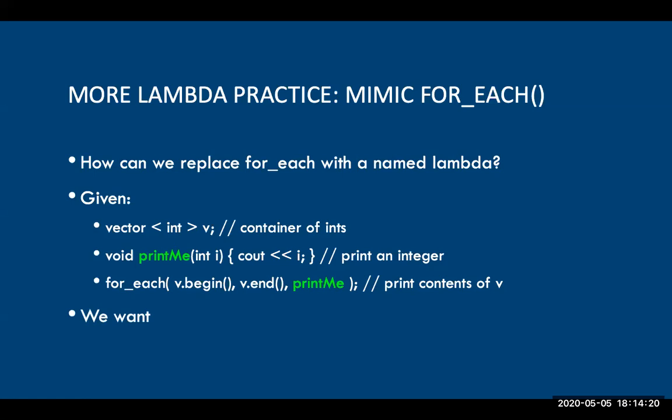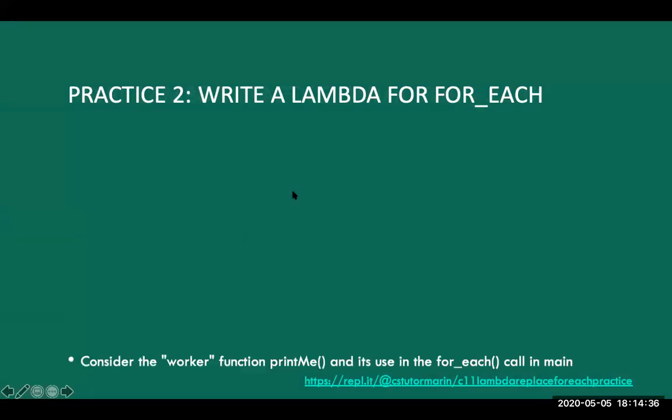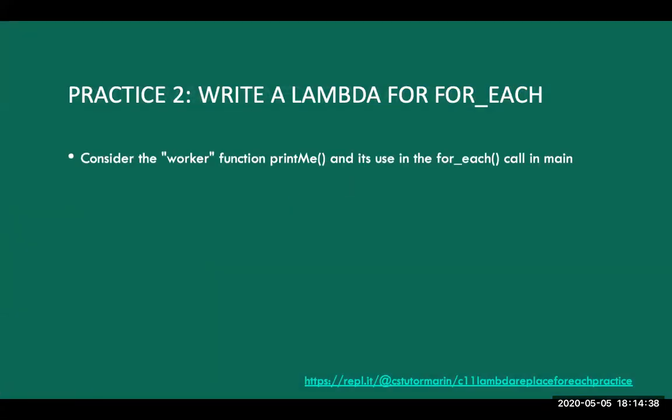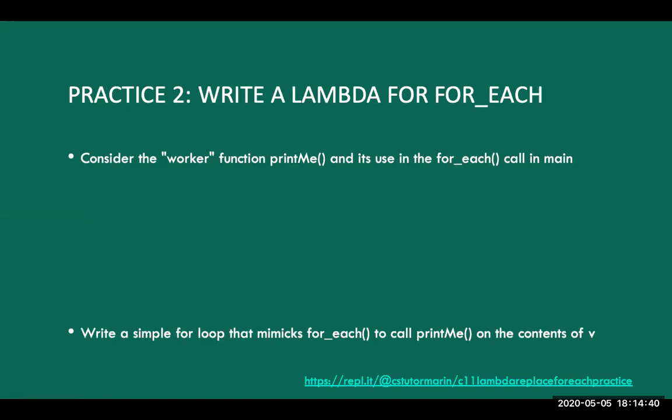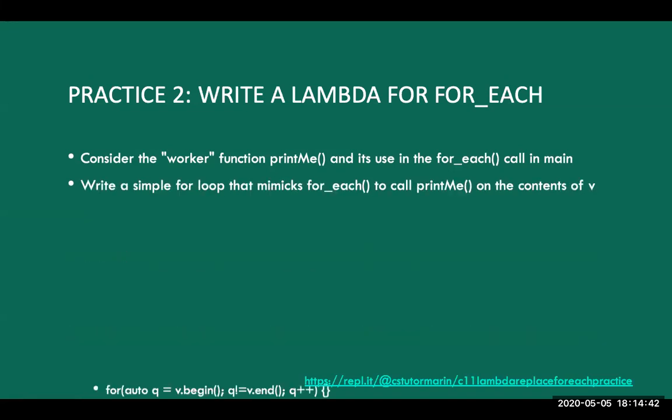So we want to be able to say my_for_each, which is really the name of a lambda, pass in the v, and then call some pre-written print_me, that traditional print_me function. This is just meant to give you a little head scratcher. So give that a thought, and consider that the print_me function is done.